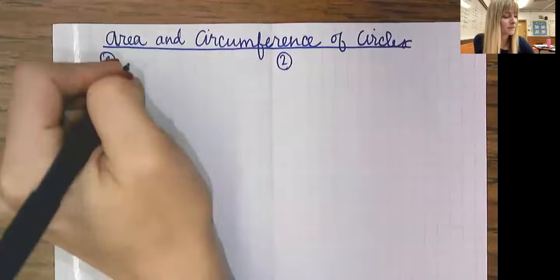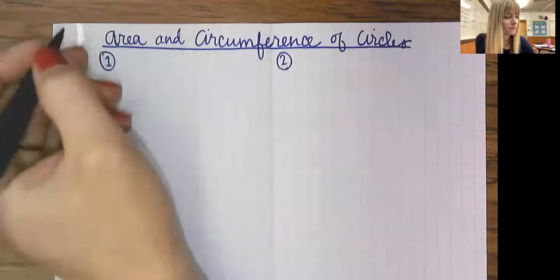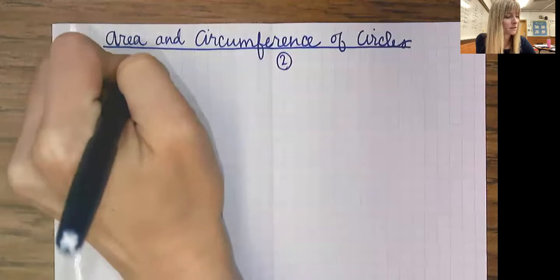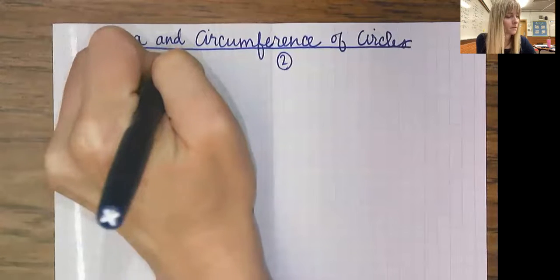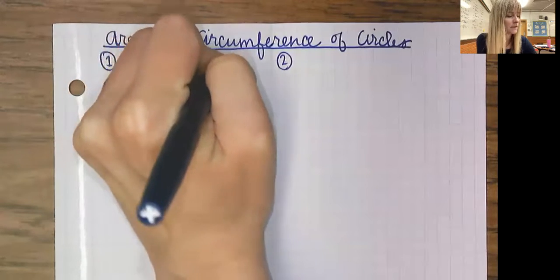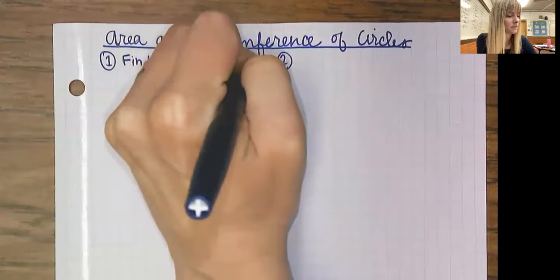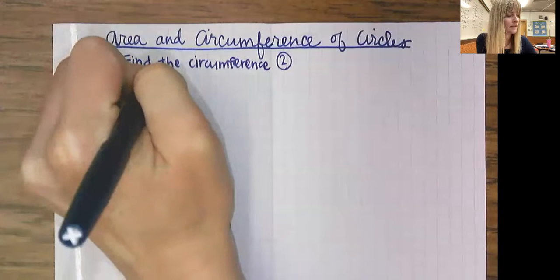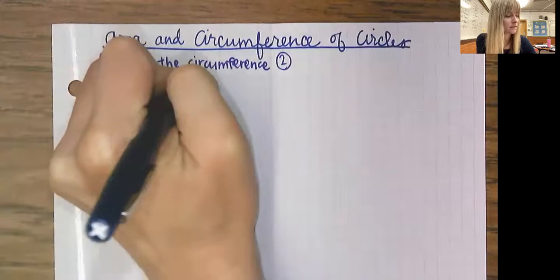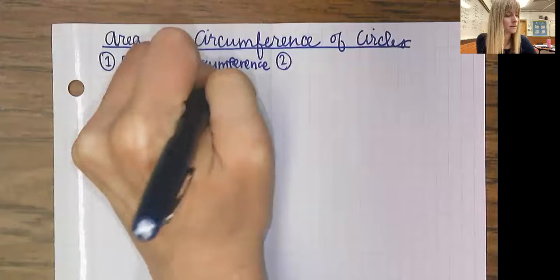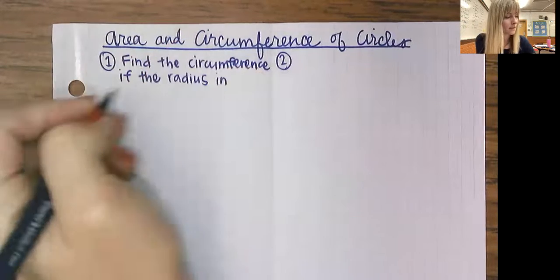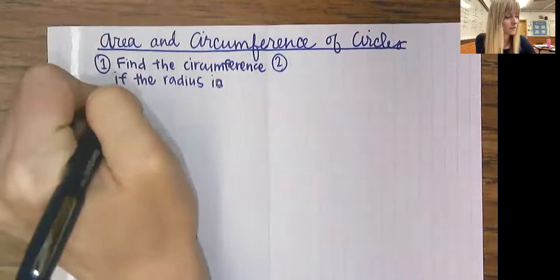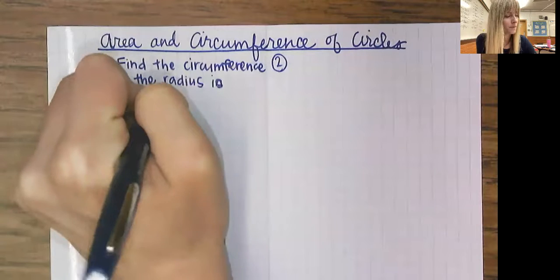So first, I'm going to say, find the circumference if the radius is 12.2 meters.